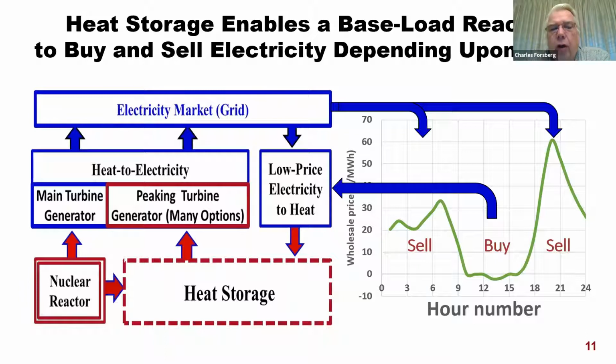At the same time, the nuclear reactor's heat goes to heat storage. What this system does is it adds electricity when the grid needs it, it subtracts electricity when the grid does not, and in effect, it will set a minimum price of electricity that helps both the nuclear sector and the solar and wind sectors.